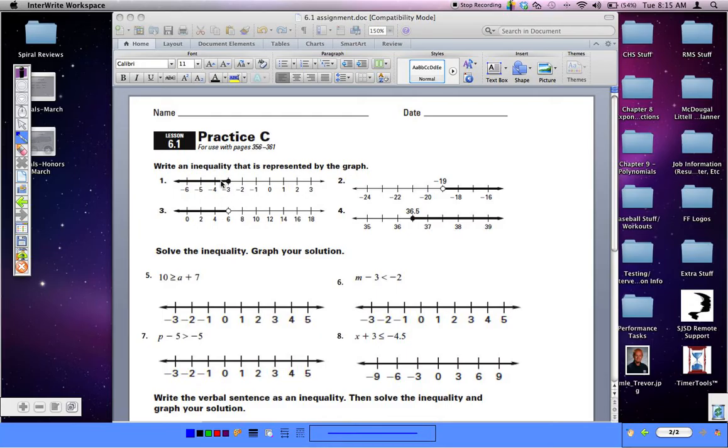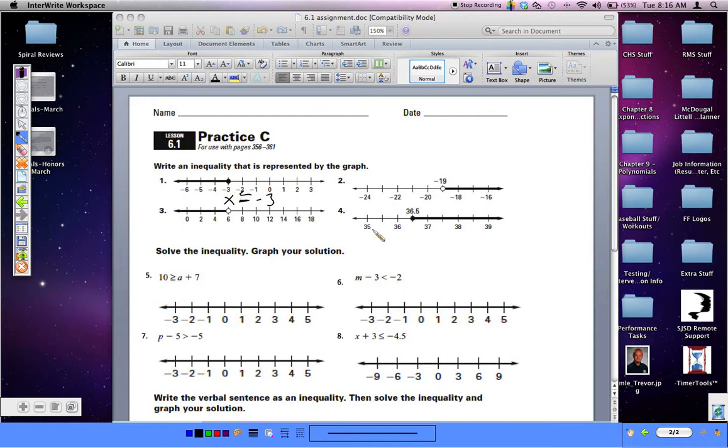Because the dot is closed, we should know that it has a variable that is equal to, and because it's shading to the left, it is less than, and whatever that number is, which is negative 3. And that's all you have to do on number 1.